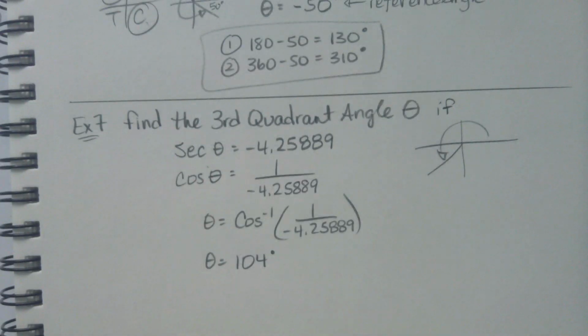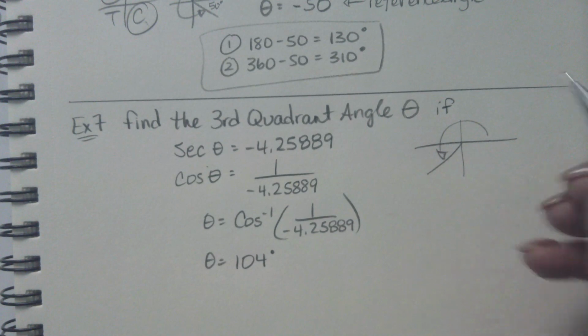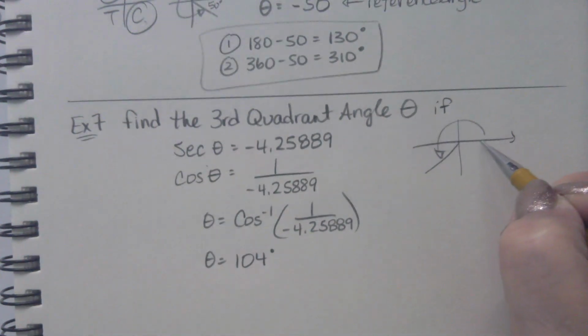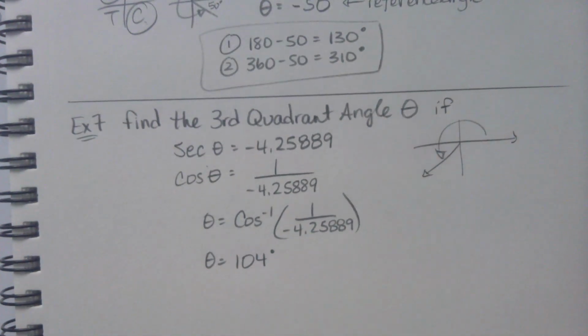Is that my answer? Reference angle? It's the theta angle, but not the theta angle. Is it the theta angle I actually need? What does that even mean? Oh. Theta angle, the standard position angle, is an angle that would go from the x-axis all the way to this line. So why would you not use that?